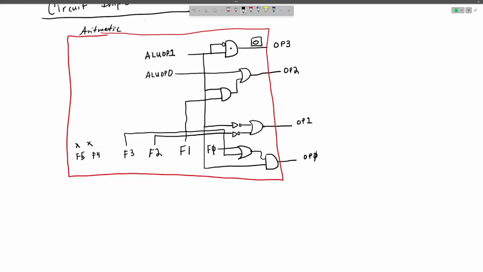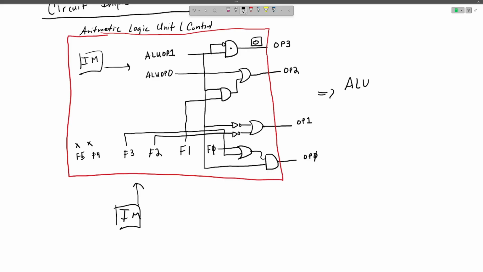Arithmetic logic unit control. So this comes from the instruction memory. This also comes from the instruction memory. And these ones go to the ALU.